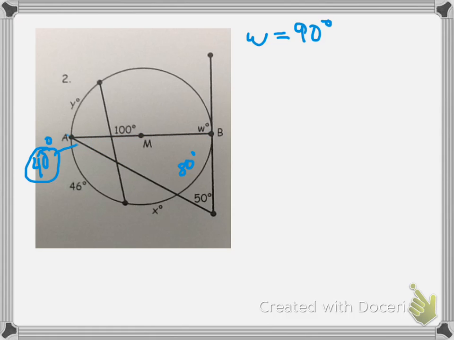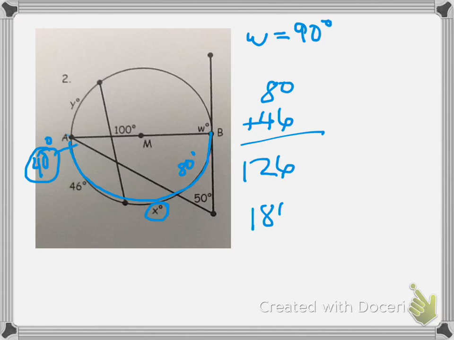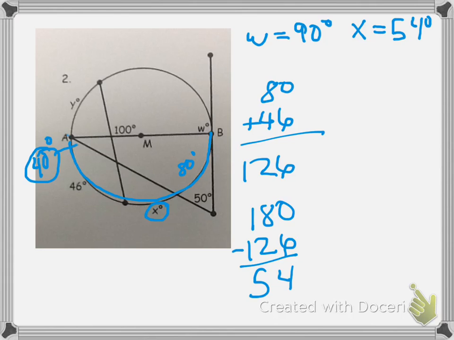So we know that that's 40, we know that that's 80, and we also know that this is a half circle. So if this is 46 and this is 80, that means this measure right here is 80 plus 46, which is 126, and we subtract from 180, so 180 minus 126 is 54. So x is equal to 54 degrees.